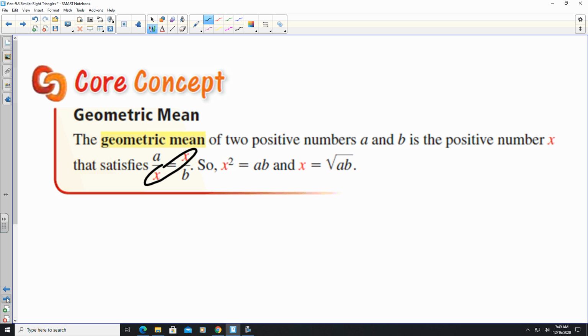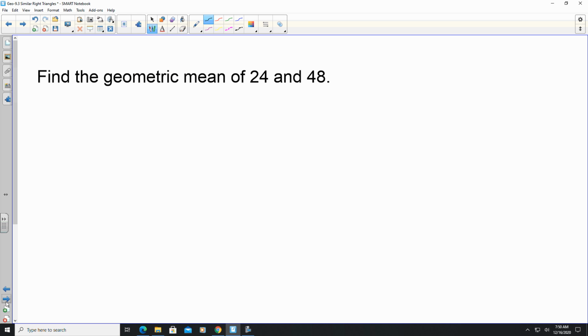So essentially, the geometric mean, if you're given 2 values, is just going to be the square root of the product of those 2 values. So for instance, if they ever ask you, I want to find the geometric mean of 24 and 48.